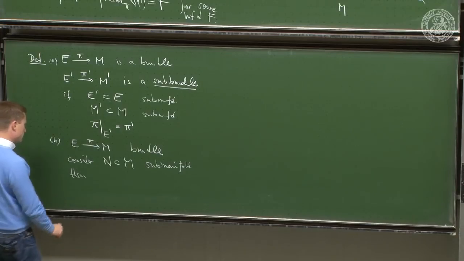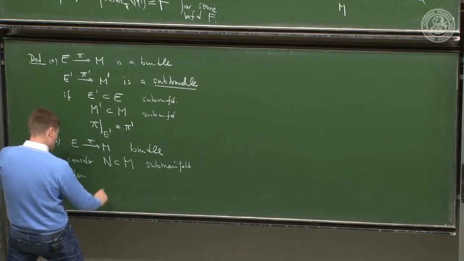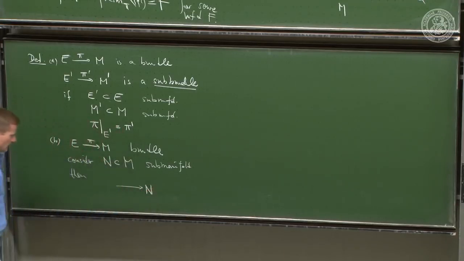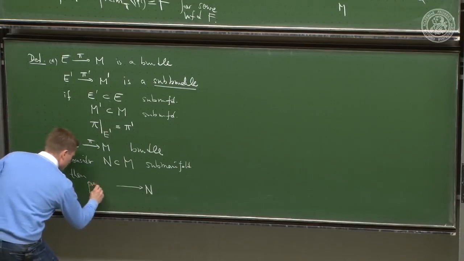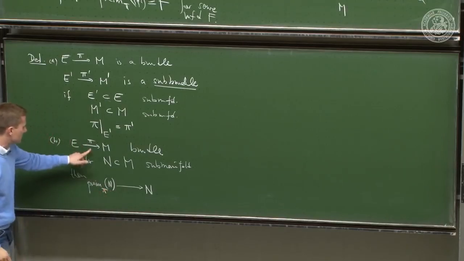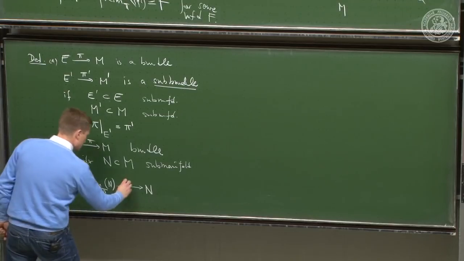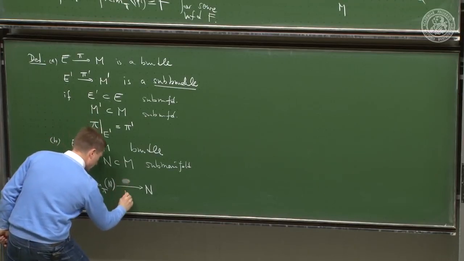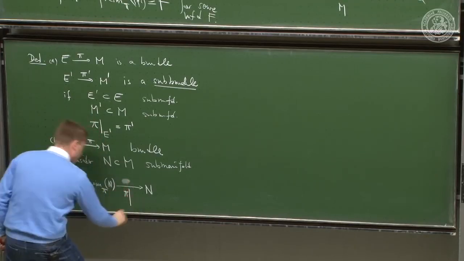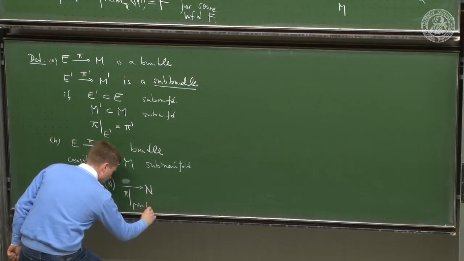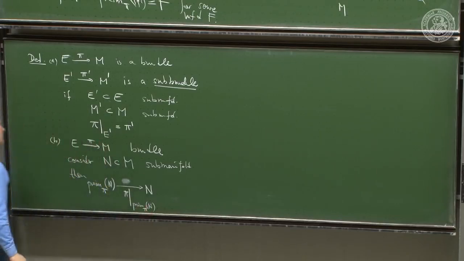So consider N a submanifold of M, then the bundle, what is it? You want to go down to N, and you need to take the pre-image of the entire set N under the projection map π on the original bundle, and define this projection π here as the restriction of the original projection π to the pre-image of N under π.